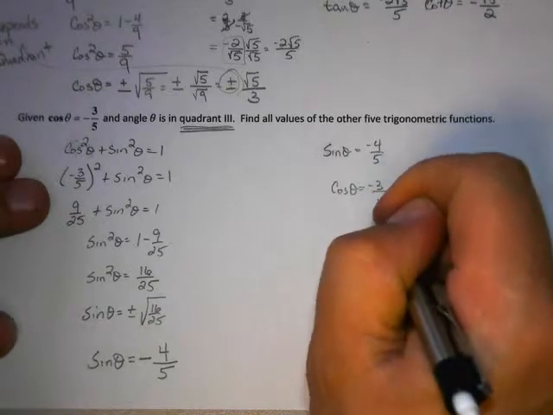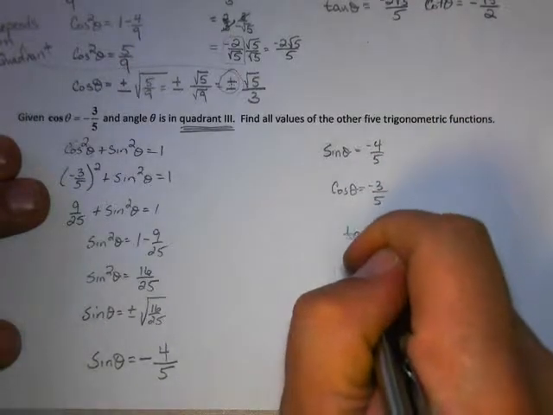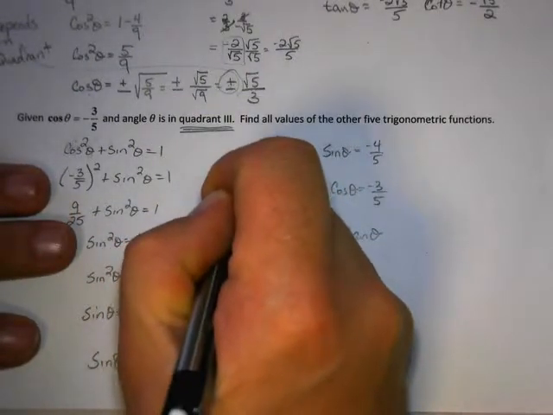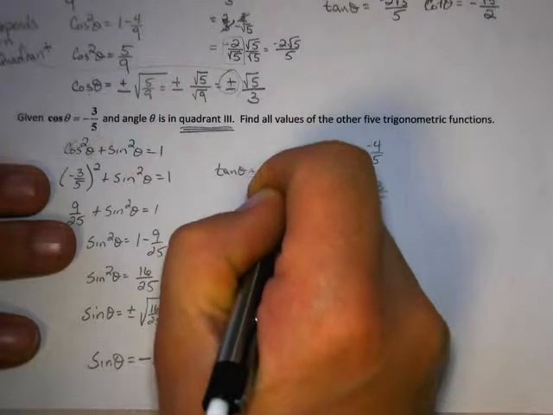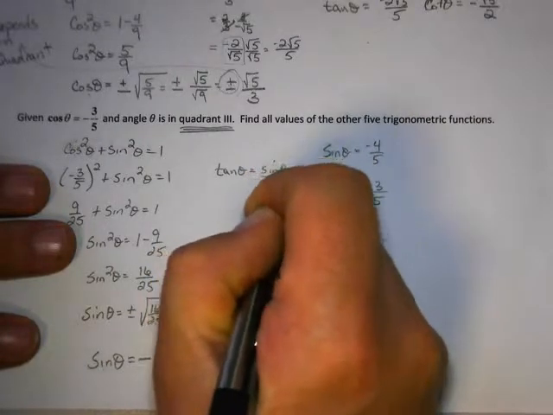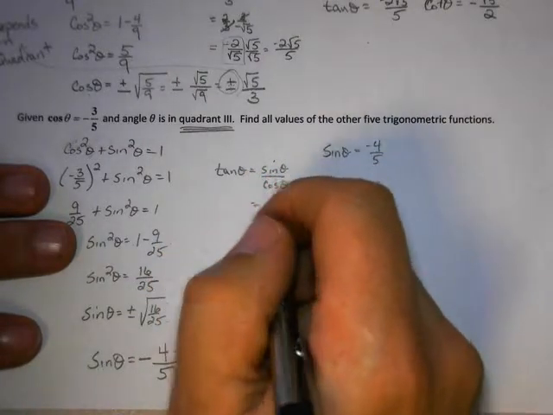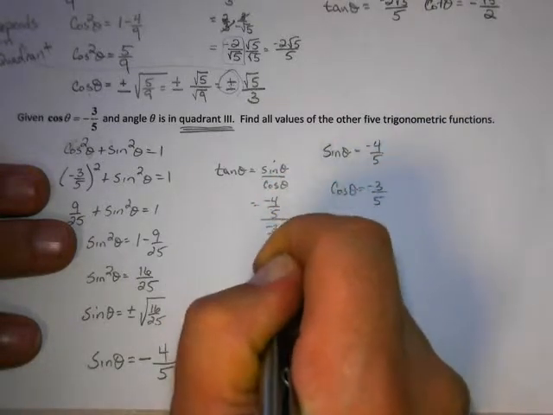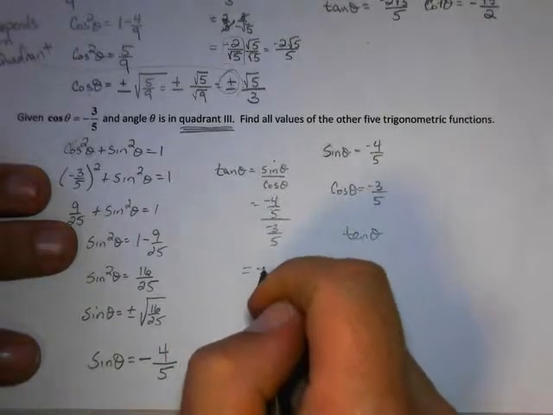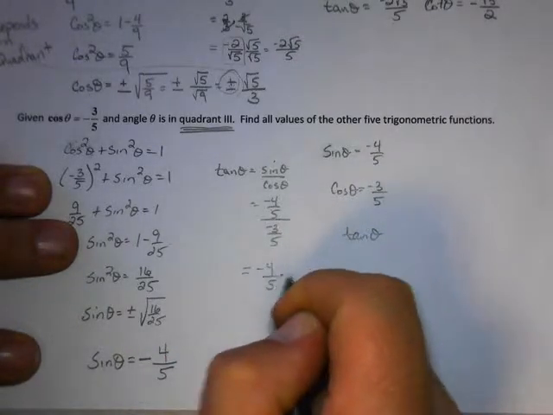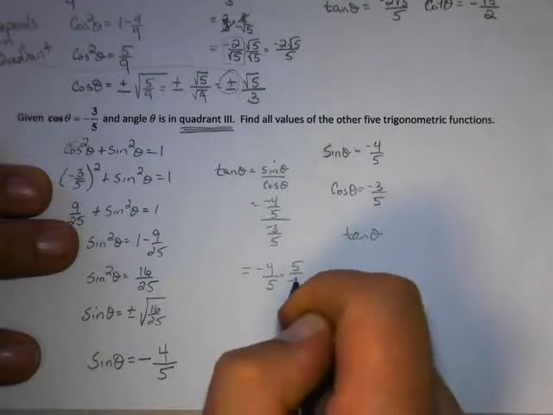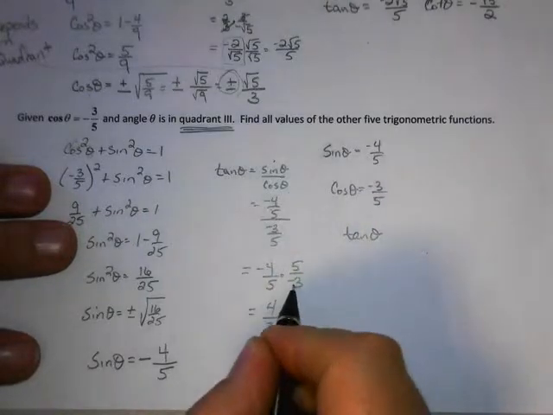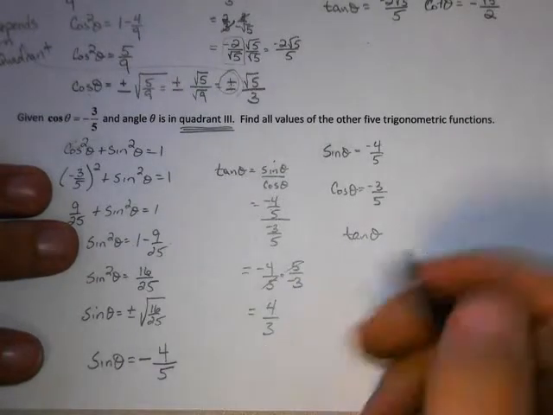Cosine theta equals negative 3/5. So I'm looking for tan theta. Well, tan theta equals sine theta over cosine theta, which is equal to negative 4/5 over negative 3/5. So we're going to get negative 4/5 times the reciprocal, 5 over negative 3, and we get positive 4/3. Negative over negative is positive, and the 5's cancel. So we get 4/3.